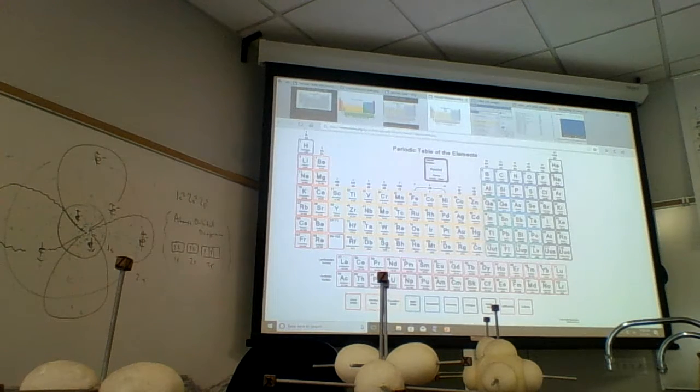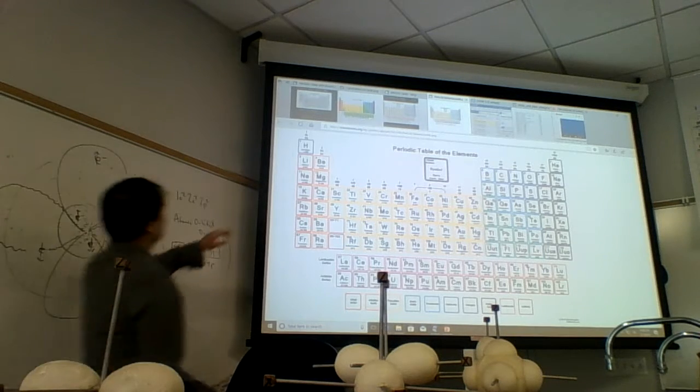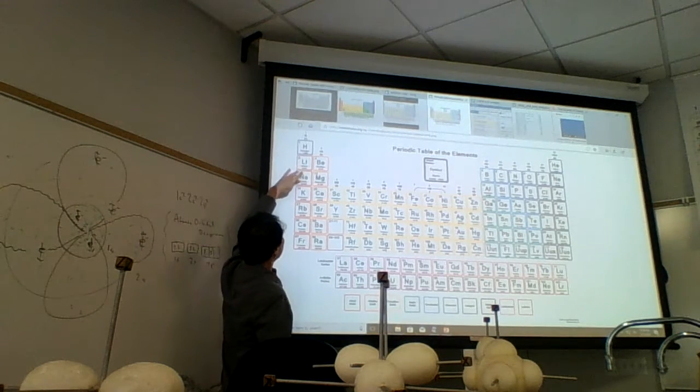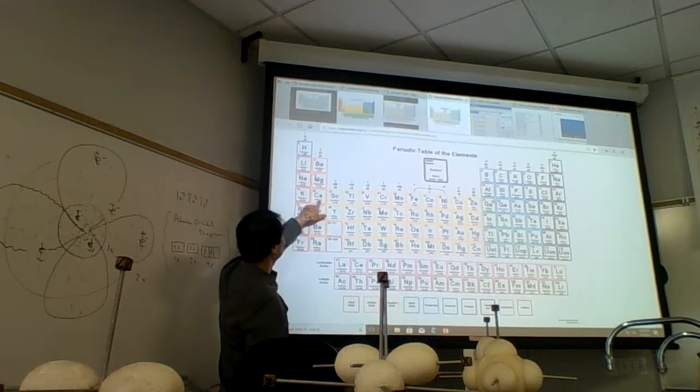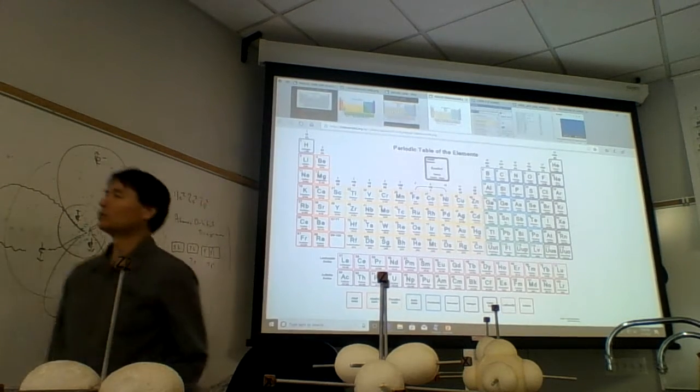What's the nearest noble gas of calcium? Argon. So if we did the abbreviation, it's easy. It would be argon, and then what? 4s2. You can just count it from the top: 1s, 2s, 3s, 4s. 4s1, 4s2. So argon 4s2.